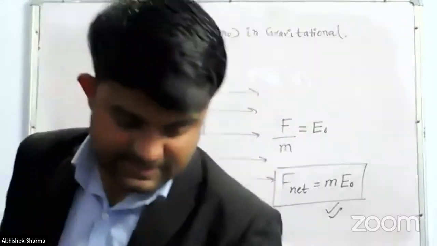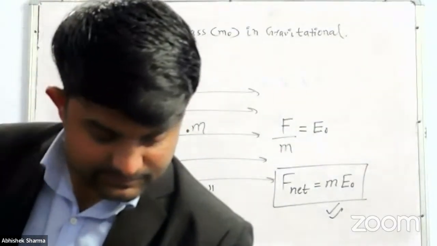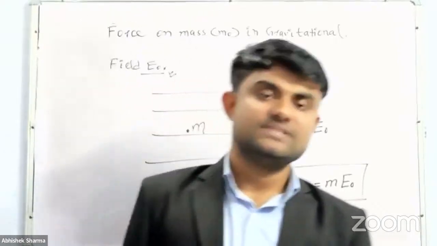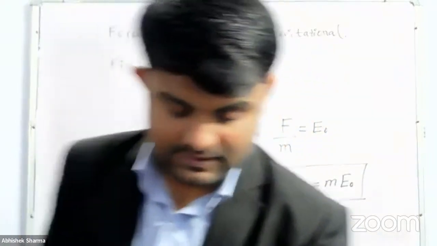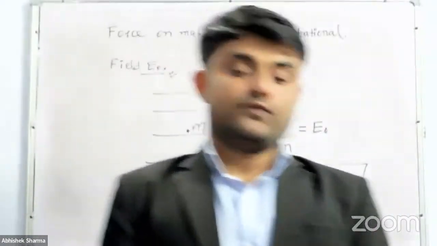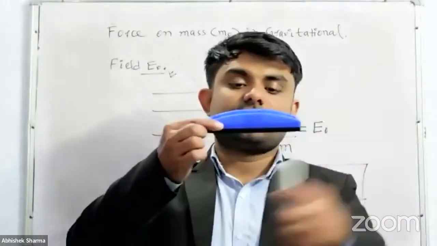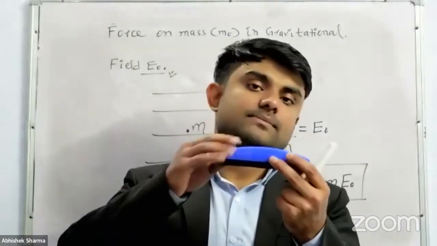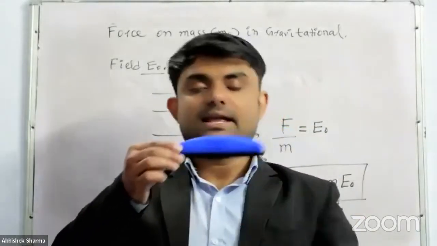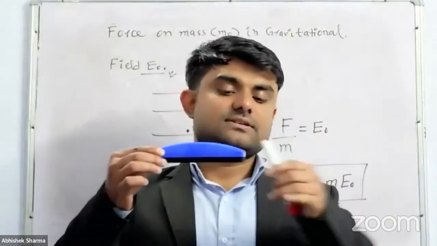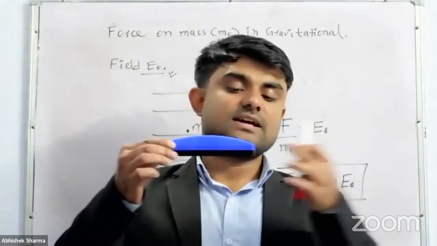It was not that easy. Remember, by the rod, it is G. What was the formula? Suppose this is a rod, and this rod is having mass capital M and length capital L. Suppose this point is at a distance A from the edge of the rod.